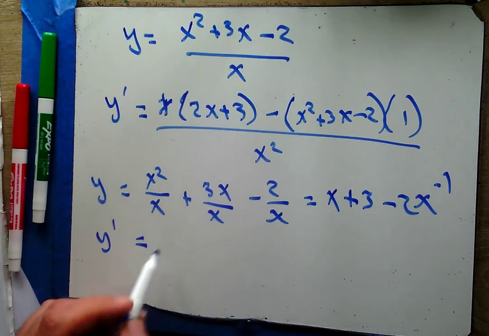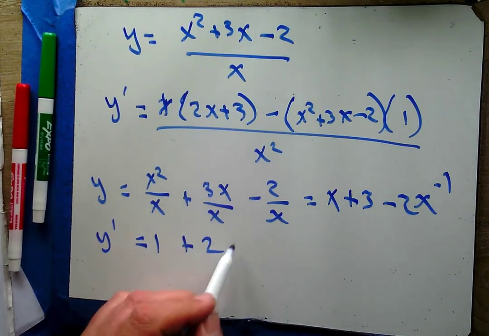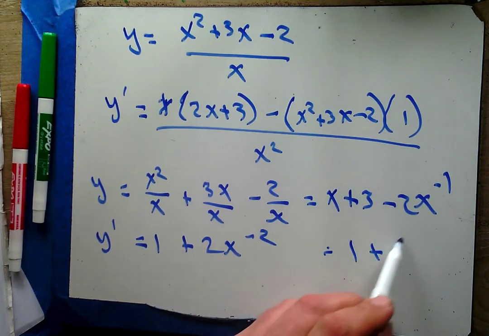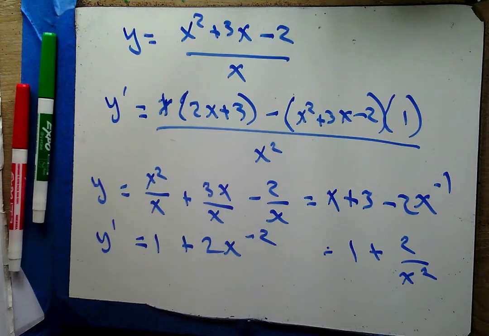And so in this case, y prime is 1 plus 2x to the minus 2, 1 plus 2 over x squared. And that's a lot less than all that.